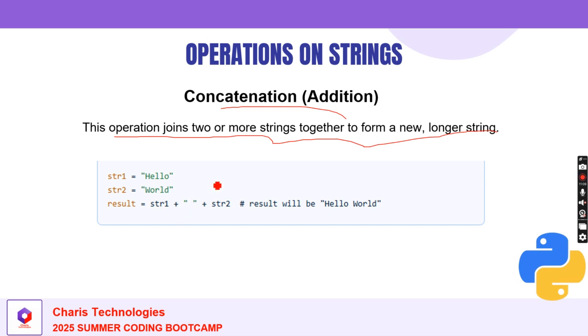Now the plus sign is used for concatenating strings. So this instruction here means to join this string to this other one, but the double quotes that we have here enclose the space, because whenever you are concatenating there won't be a space, it will just join them together. By the time we start coding, you will understand that better. So just know that concatenation is one of the operations.